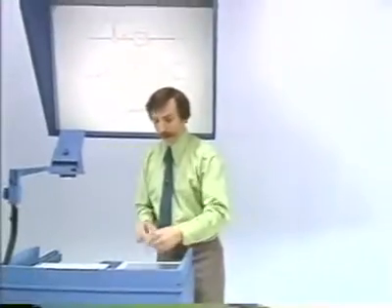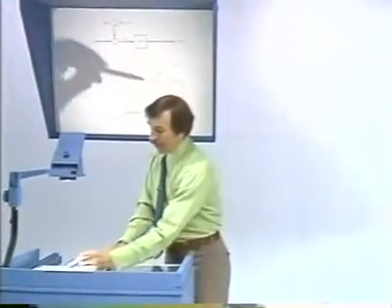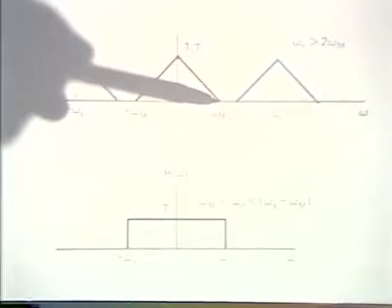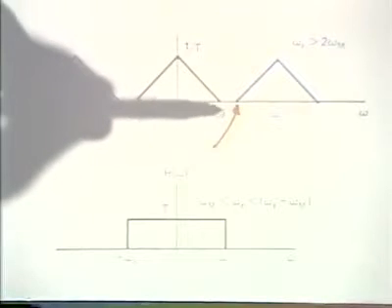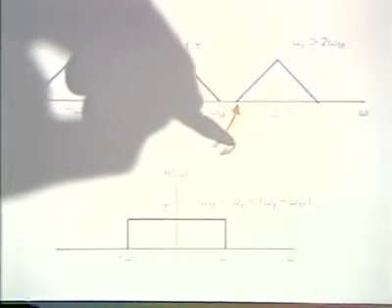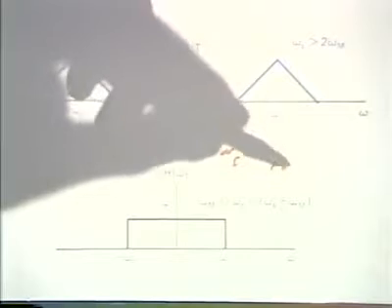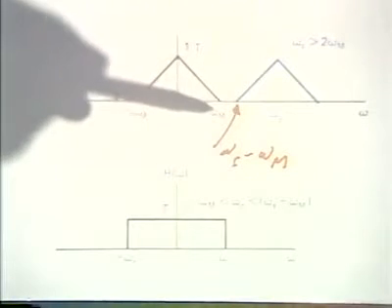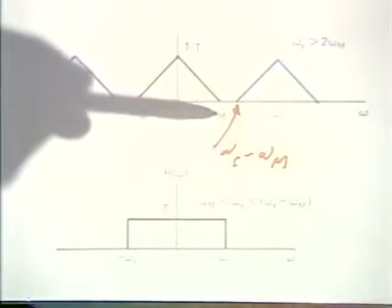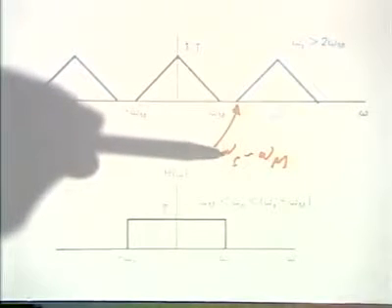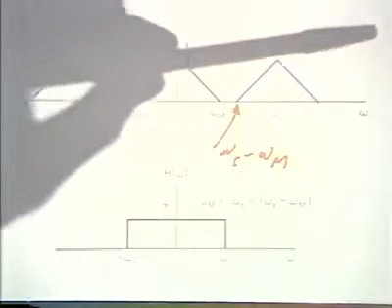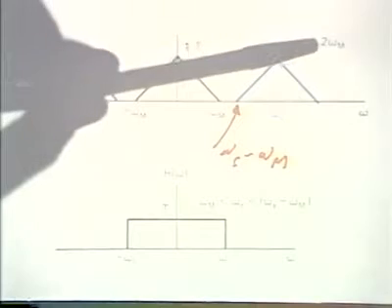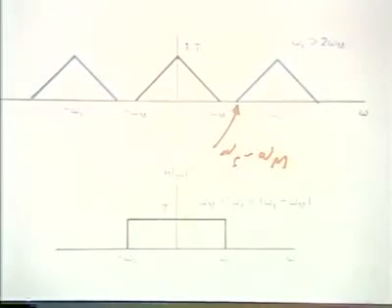Well, what that requires is that this frequency, omega sub m, be less than this frequency, which is omega sub s minus omega sub m. And so what we require is that omega sub m be less than omega sub s minus omega sub m, or equivalently, that the sampling frequency be greater than twice the highest frequency in the original signal.